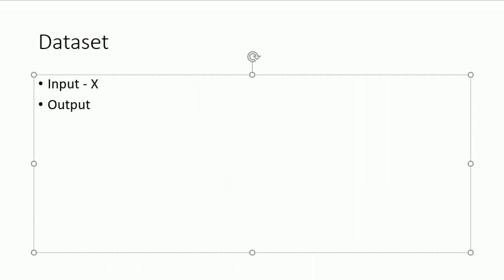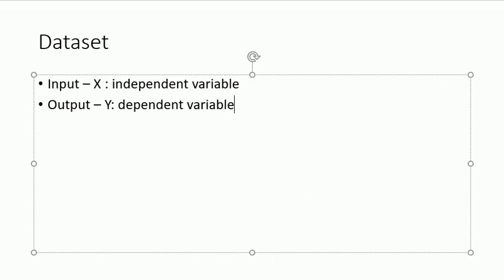Input, normally we represent it as X. Output, we can represent it as Y. This input can also be called the independent variable. And in a similar way, the output will be called the dependent variable, or it can be called the target variable.